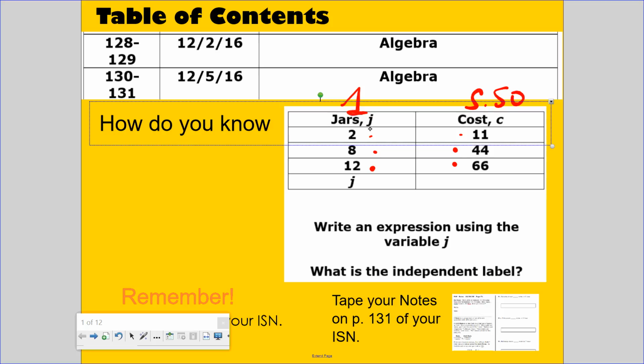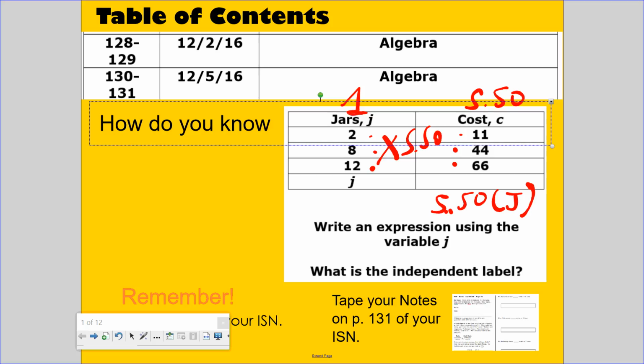How do you turn 2 jars to 1 jar? 11 divided by 2 is $5.50. So write an expression. That means I am multiplying the number of jars by $5.50. So my expression would be $5.50 times J, or $5.50 per jar.